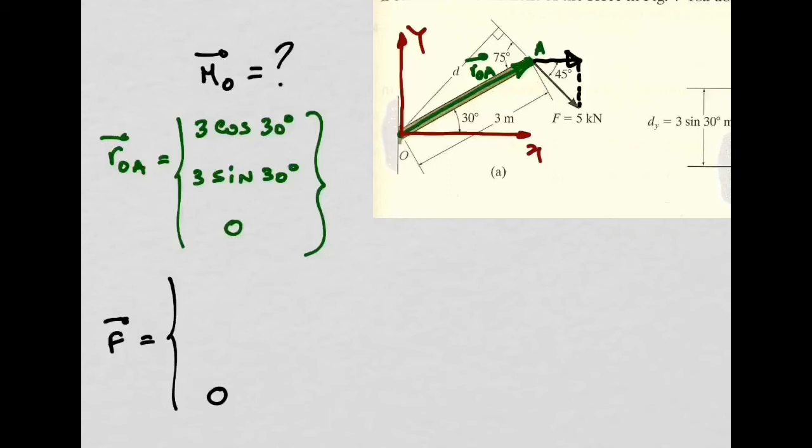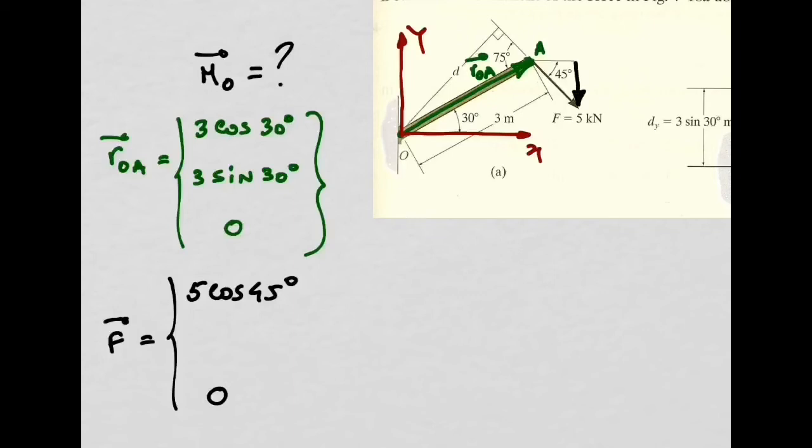How much is the magnitude of F? Or the norm is 5. So if I want to get the horizontal component, 5 cosine of 45. Yes, very good. So I will have 5 cosine of 45 degrees as my x component. My y component is this one.